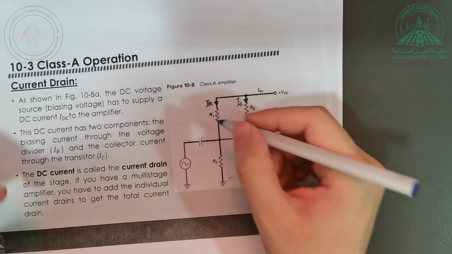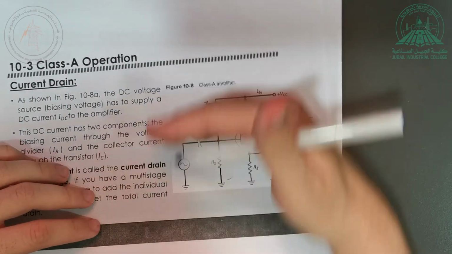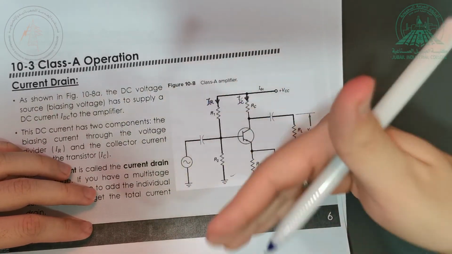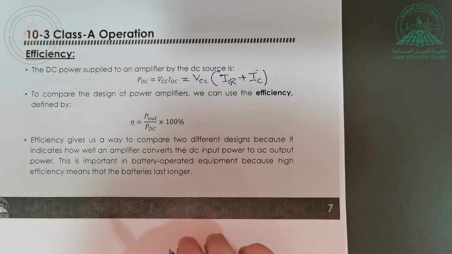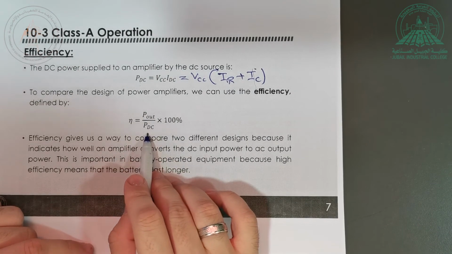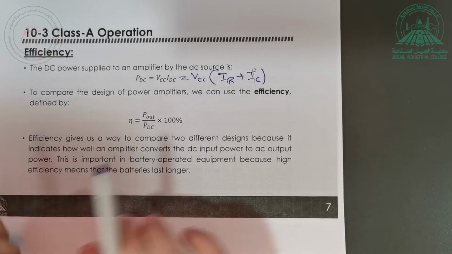I can increase R1, R2, RC, and RE while keeping the ratios the same. If I increase them and keep the ratios the same, I will make them bias where I want, and at the same time they will achieve high efficiency. So in order to find efficiency, it is P out divided by PDC. And we have seen how to find P out, the equation we saw a moment ago.